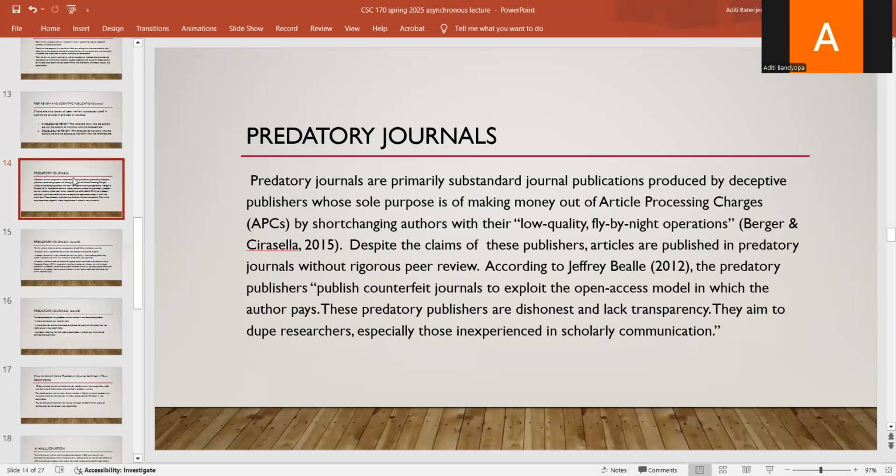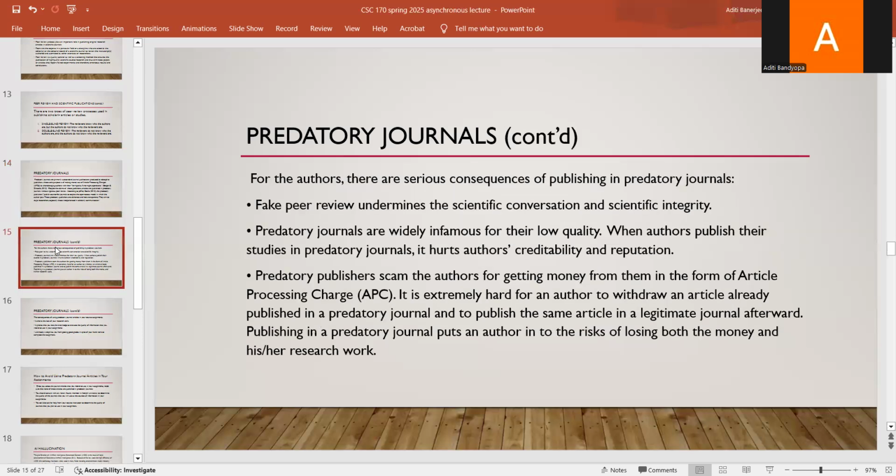Now, you may ask me what happens when an author publishes in a predatory journal. Let's see. For the authors, there are serious consequences of publishing in predatory journals. Fake peer review undermines the scientific conversation and scientific integrity. Predatory journals are widely infamous for their low quality.